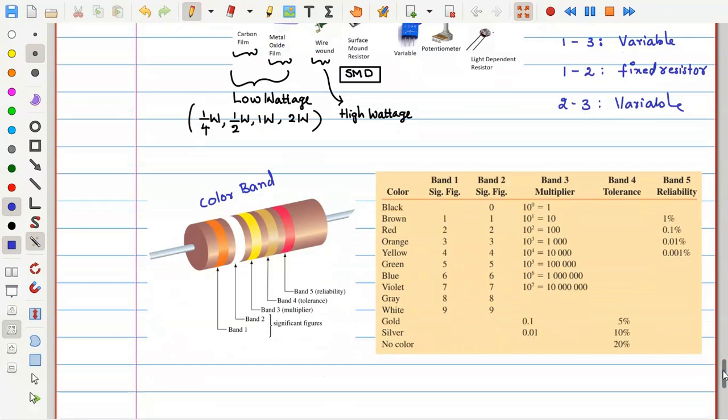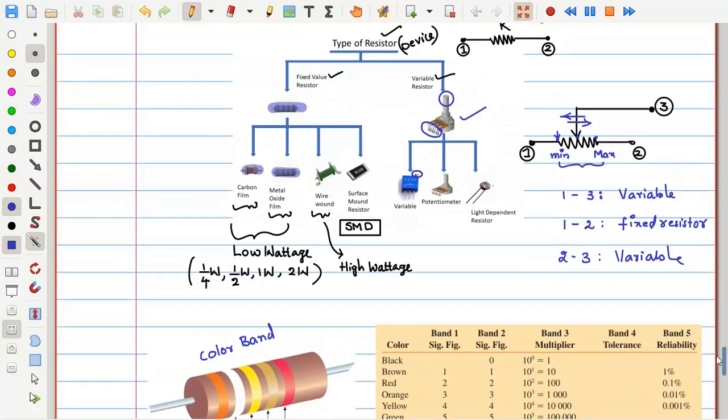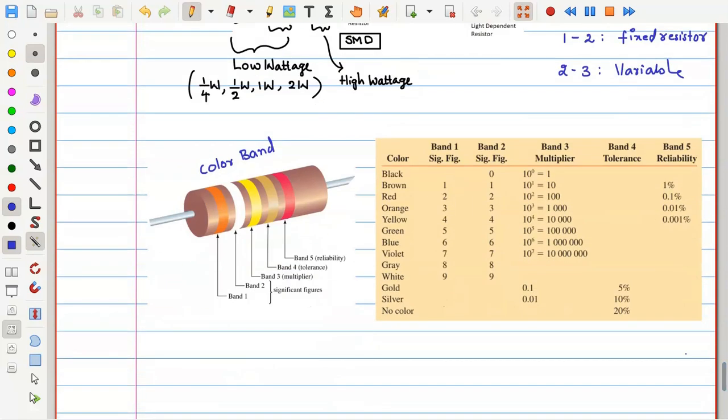In reality also, in the lab you will see this kind of resistors, exactly the same kind of resistors as this. I haven't brought some sample resistors, otherwise I would have shown, but they look the same as this. So now let us see how to calculate this low wattage resistance. If the color bands are given, how much is the resistance offered?